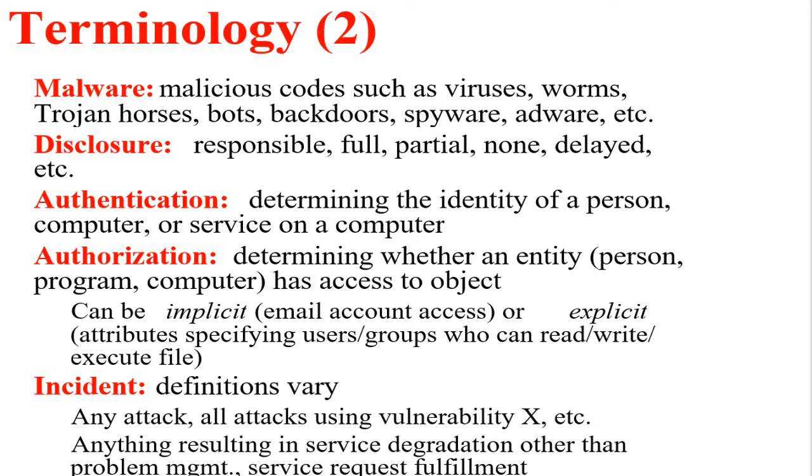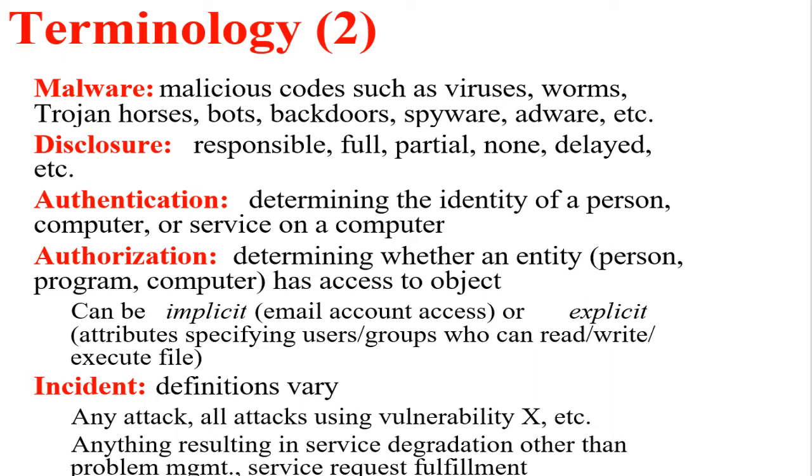Malware. Malware is simply malicious code such as a virus, a worm, a Trojan horse, a bot, a backdoor, spyware, and adware, only to mention a few. So the moment you hear the word malware, you have to know that it's simply malicious code that operates differently.